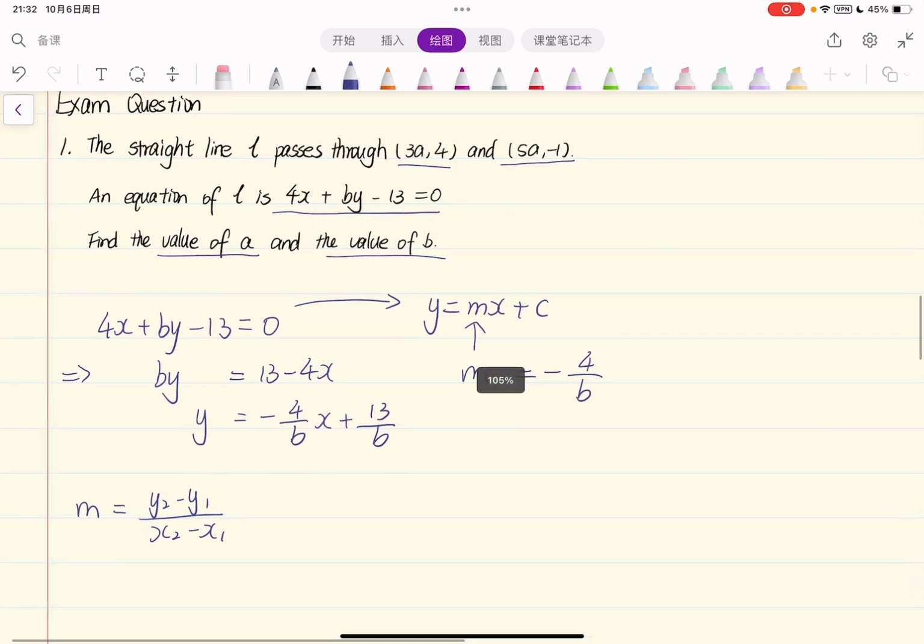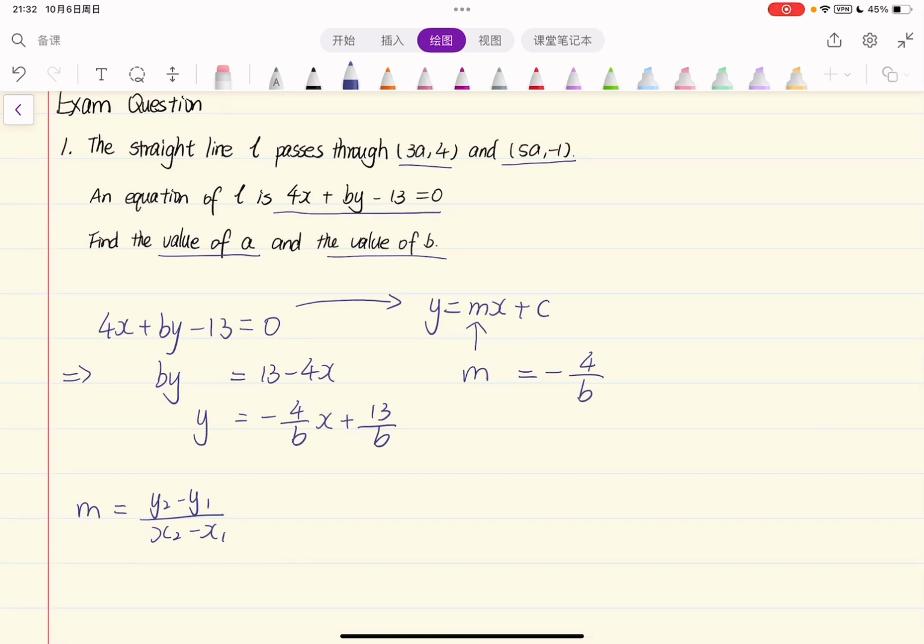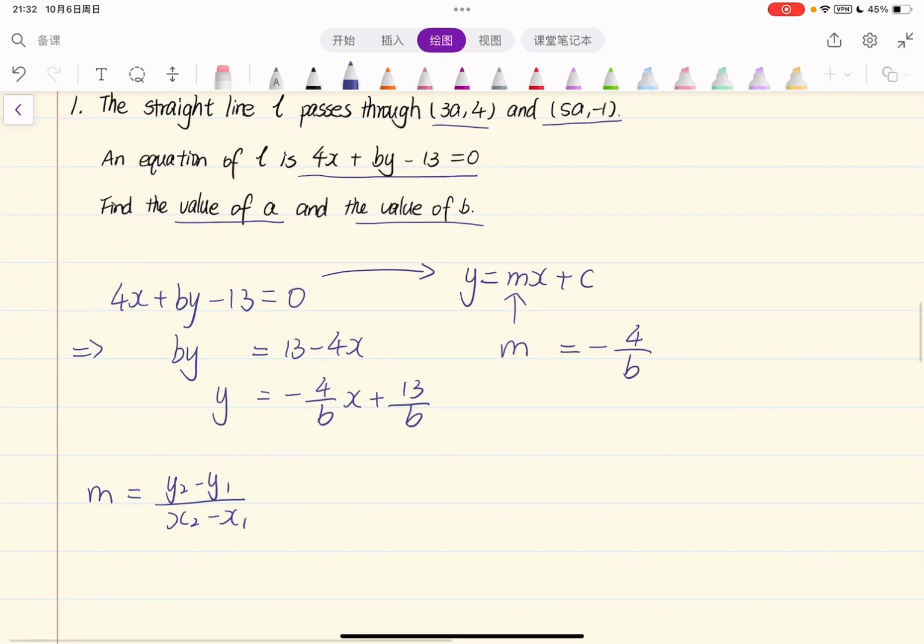So we have the two points, 3a, 4 and 5a, -1. Then we substitute them into this formula. y2 is -1 and y1 is 4, so minus 4. x2 is 5a and x1 is 3a, so minus 3a. What we have is minus 5 over 2a.